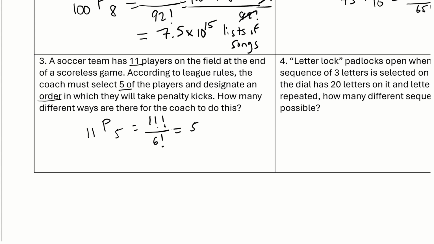So we got 55,440. Actually, this is not too bad. This is not as bad as I thought. It's just 11 times 10 times 9 times 8 times 7 to get that. So we can write that easily.